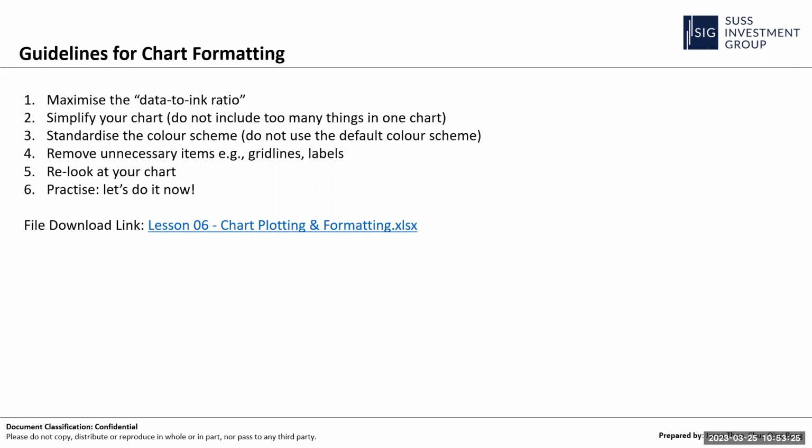So straight away, we are going to remove a lot of extra ink that you are using inside the chart, but it doesn't value add to what you're trying to show. It's just cluttering up the entire chart, it makes it look very messy, and it distracts the reader from looking at it.